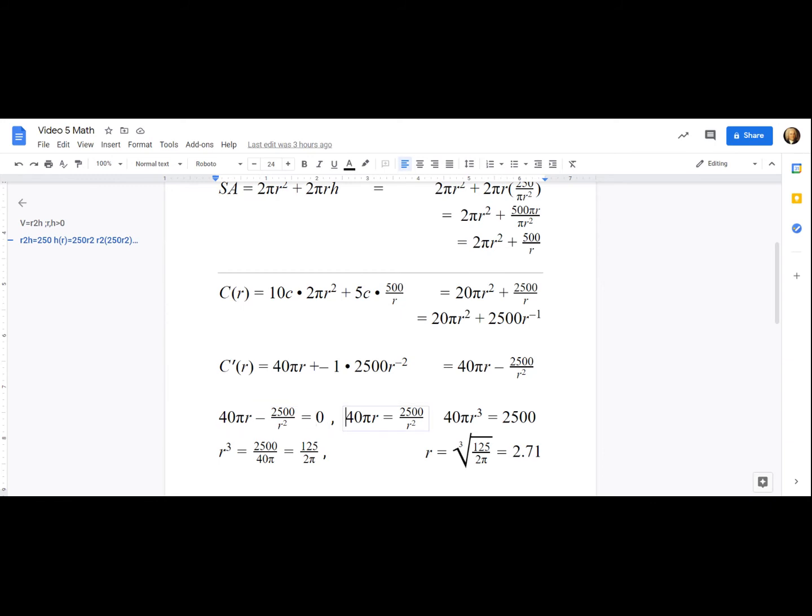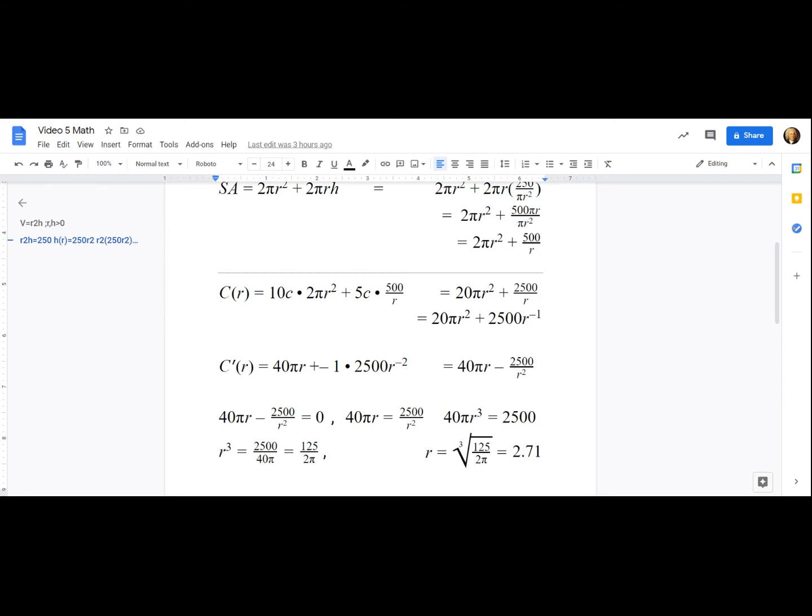So we can rewrite this as 40 pi r equals 2500 over r squared. And to get rid of the fraction on the bottom, we can multiply both sides by r squared. So we are left with 40 pi r cubed equals 2500.